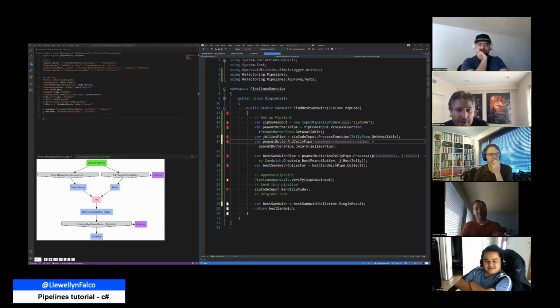There's still some things to do here. The first is we really want to extract the part where we set up the pipeline. But the problem is we're using two things from there. Now that we've created the pipeline fully, it's really useful to get the inputs and outputs. And we have a method that will do that for us.